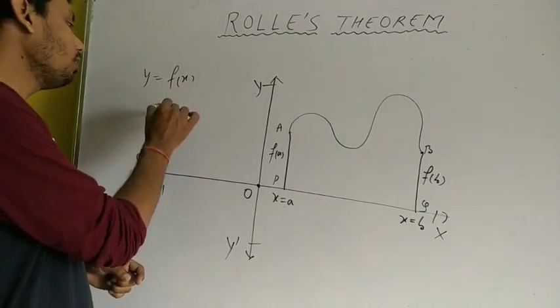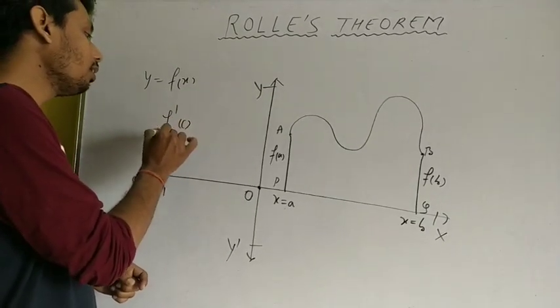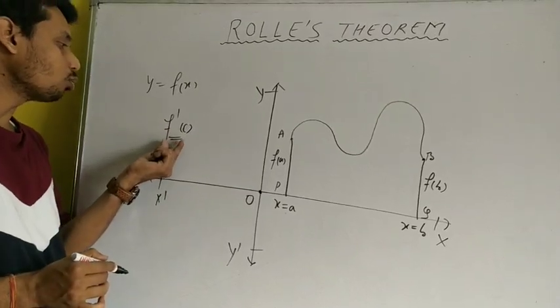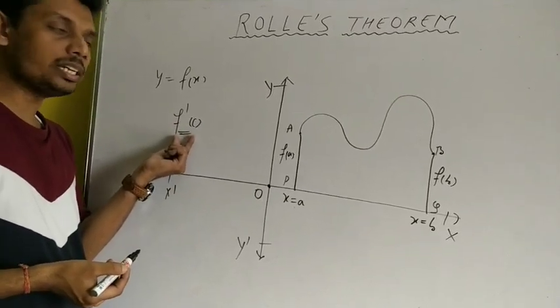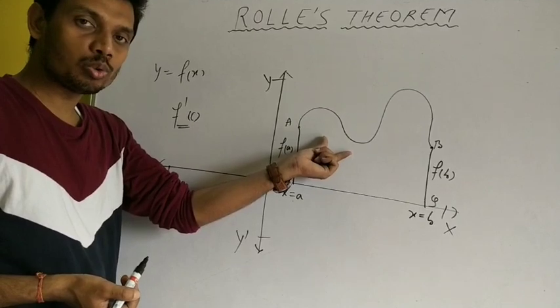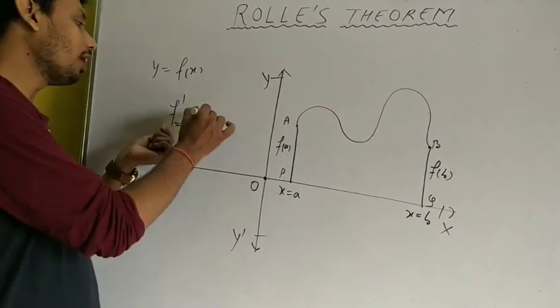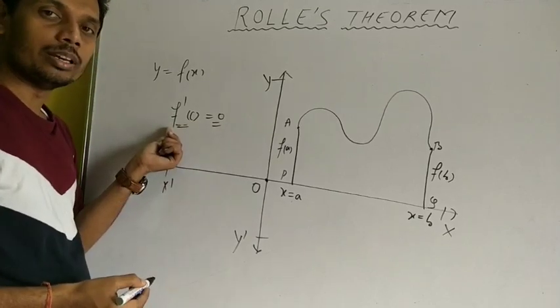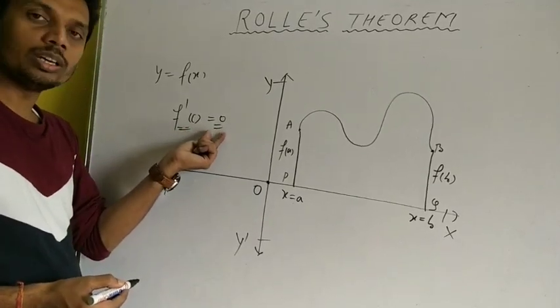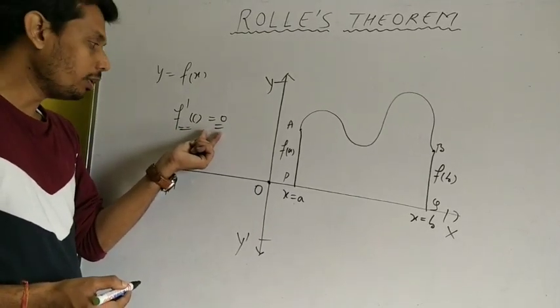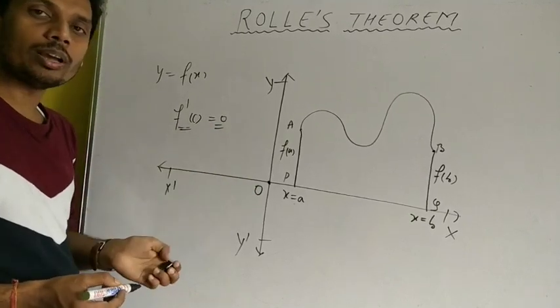Now what is this f'(c)? f'(c) is the slope of the tangent to the curve y is equal to f(x) at the point c. If f'(c) is equal to 0, what does it mean? The slope of the tangent is equal to 0, which means the tangent is parallel to the x axis.